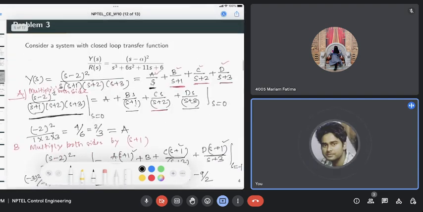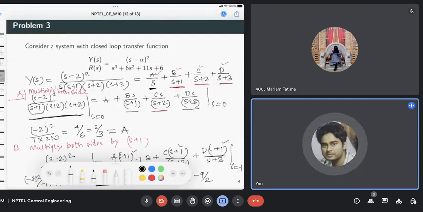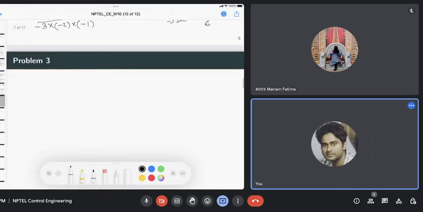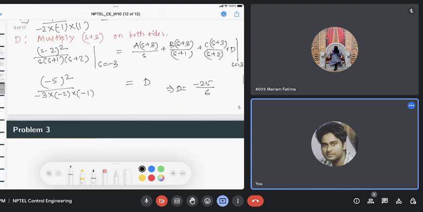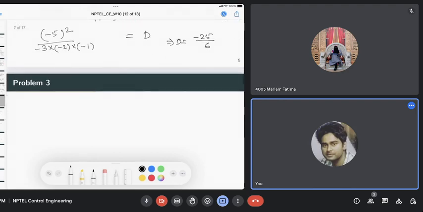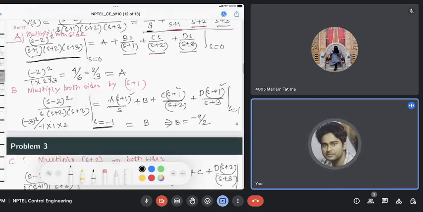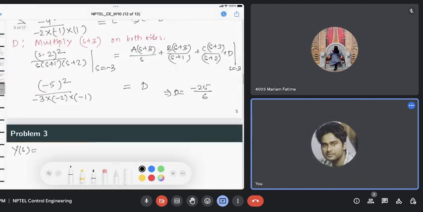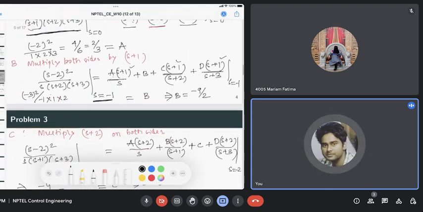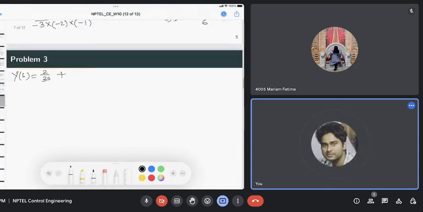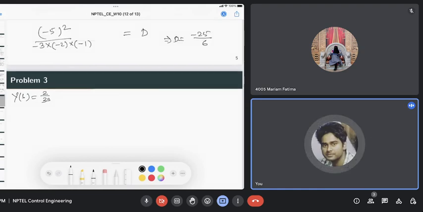So then using this form, what we have assumed here, we can write Y(s) directly, right? So Y(s) equal to, then a is what we found, 2 by 3, so 2 by 3 s. B we find minus 9 by 2. I'll just write the form first, then I'll put the ABCD values.